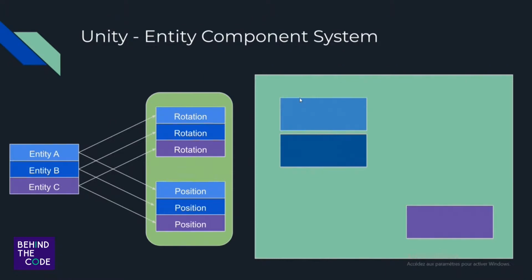You have fewer jumps in the memory, so it's more efficient. ECS is composed of entity, component, and system. The system will take the data in the component and process it to make something.